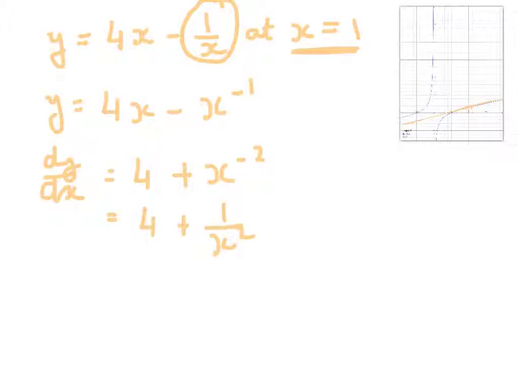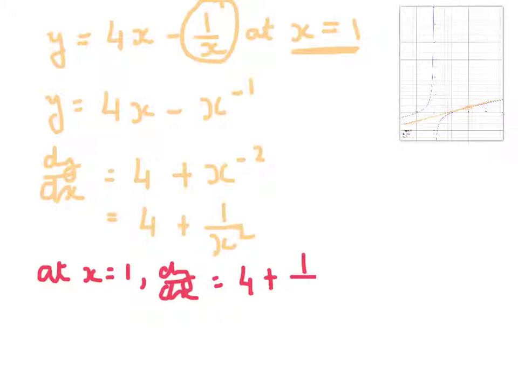I'm going to substitute x equals 1. At x equals 1, dy dx is equal to 4 plus 1 over 1 squared, which is just 1, and that's going to equal 5. So the gradient of our tangent to the curve is 5.